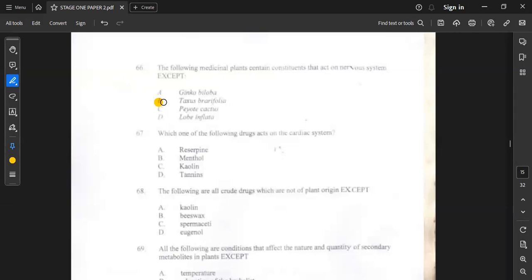Yeah, peyote cactus causes hallucination, and it's used for conditions such as fever, wounds, and joint pain.